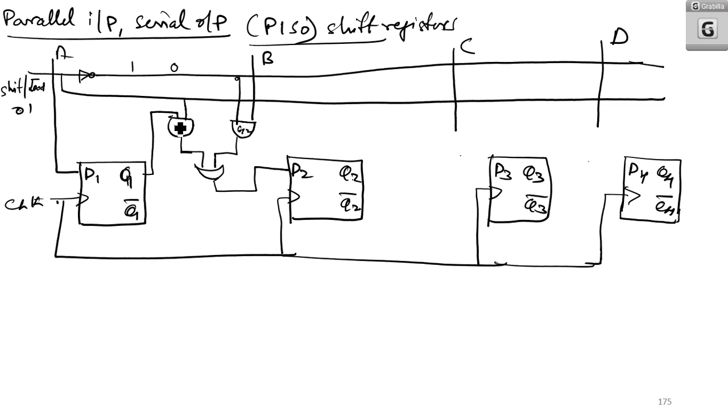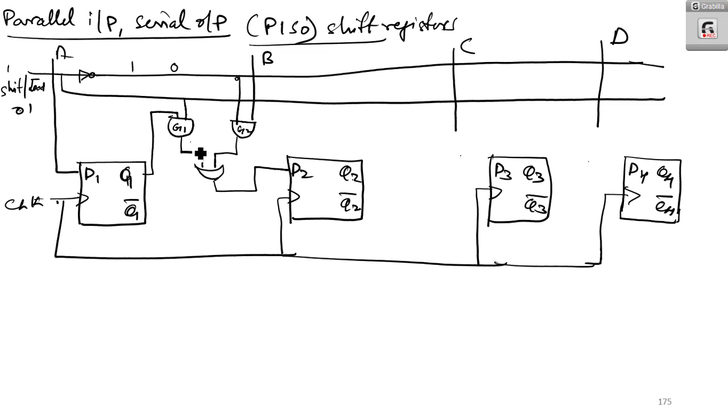That means here I am having two AND gates and one OR gate, that means either the output of G1 or the output of G2. Now if I am taking the output of G1, then this bit should be 1. That means if shift is 1, you will get Q1 dot 1, so Q1 will be going into D2. Whereas if shift is 0, what happens?